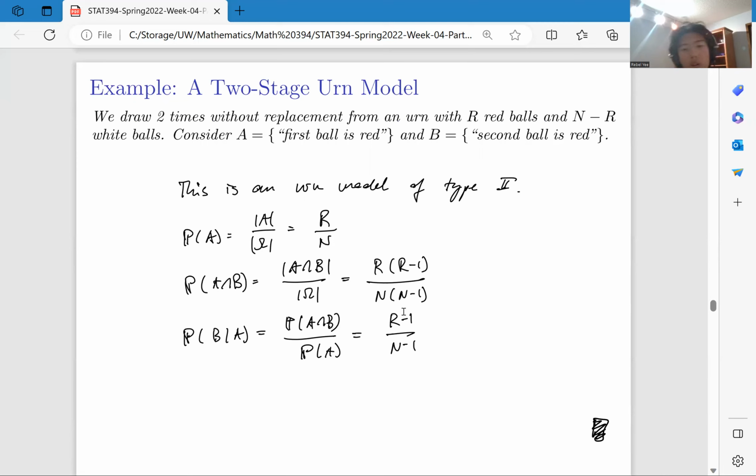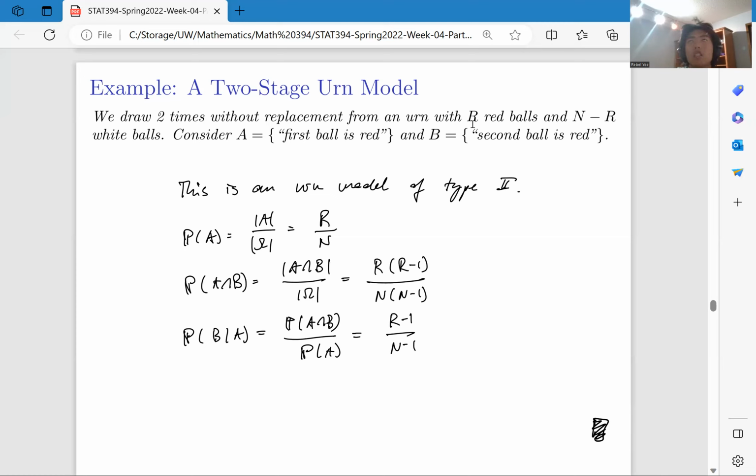First of all, we'll calculate the term P(A). This is a type 2 model. There is a sequence, which means the sequence is considered, first ball, second ball, and it is drawn without replacement. So this is definitely a type 2 model. So P(A) is equal to the cardinality of A divided by the cardinality of Omega, which is R over N. And what is the probability of A intersection B?